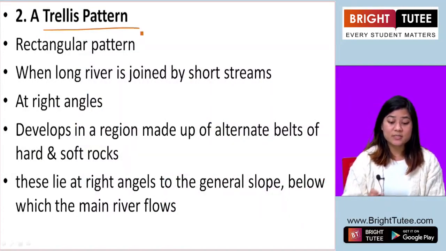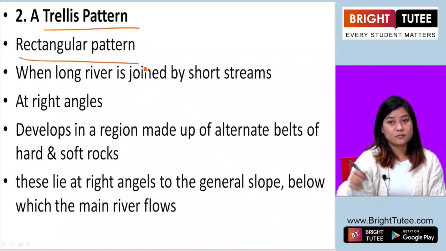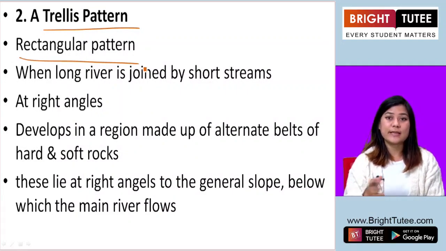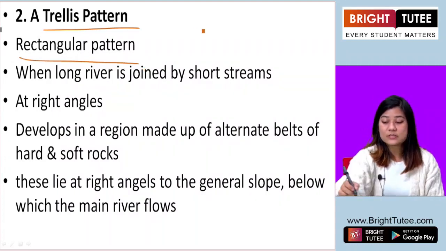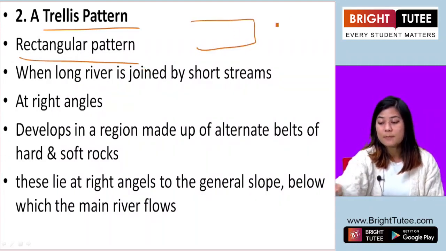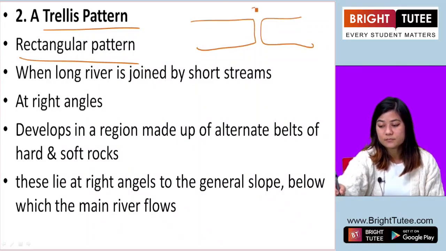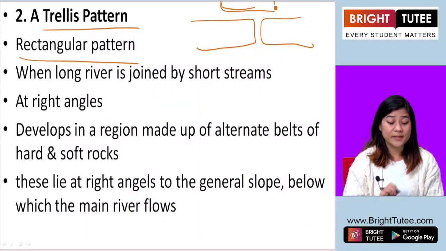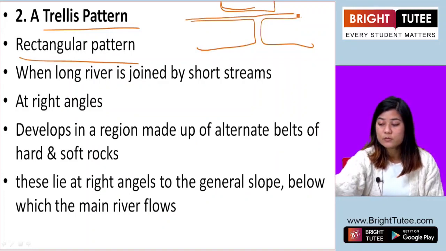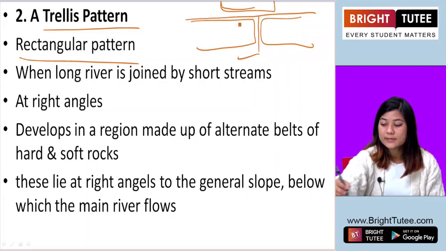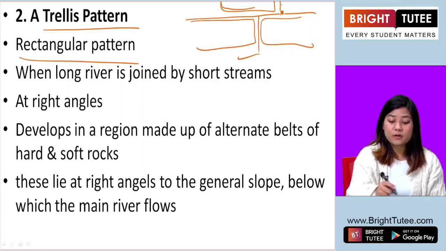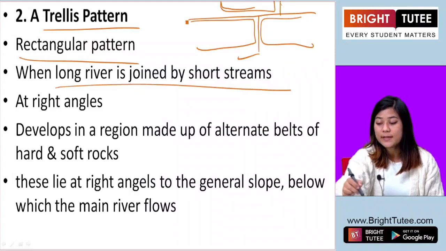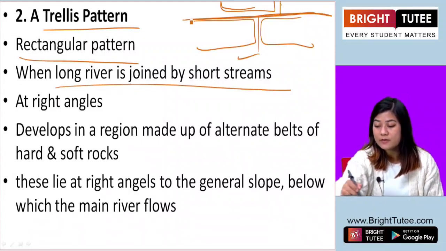Now this pattern is a rectangular pattern. Okay. It does not look like veins. It does not look like a tree, but rather it looks like a rectangular pattern. Okay, something like this. And the river flows along these lines. All right. So this pattern is formed when a long river is joined by, so this is the long and main river.